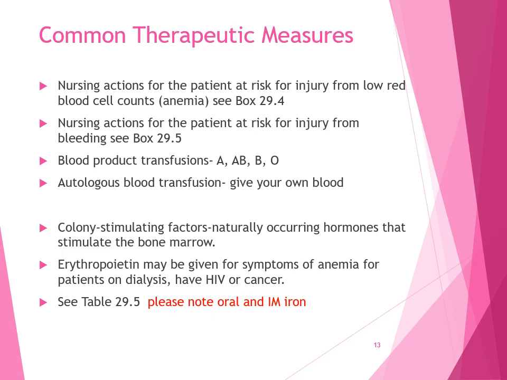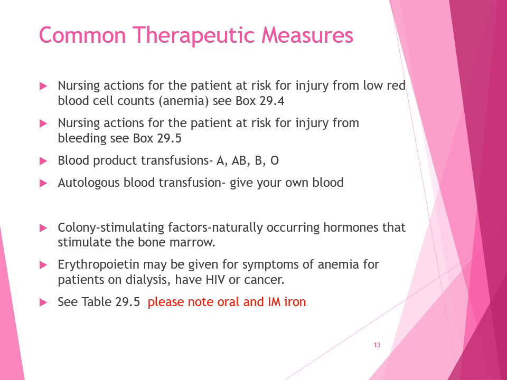That's when you know ahead of time you're going to have a surgery or you might need a blood transfusion, and you can have that taken ahead of time. Now, colony-stimulating factors are naturally occurring hormones that stimulate the bone marrow. Erythropoietin may be given for symptoms of anemia for patients on dialysis or that have HIV or cancer.